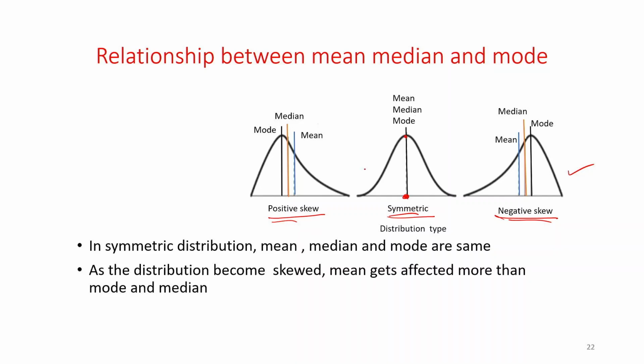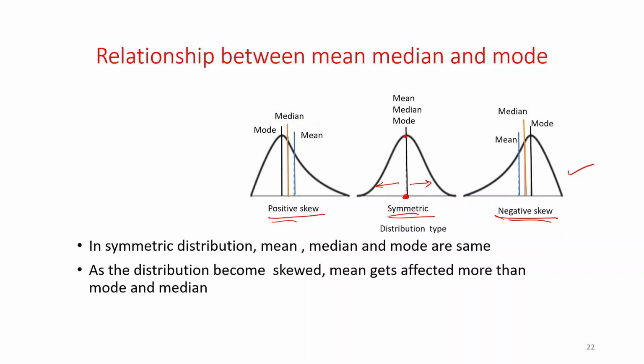Because it is symmetric, the median also will lie here, because this area and that area are exactly the same. Area indicates in this case the proportion of values lying on the right or left side of this vertical line that indicates the middle. So in this case, mean, median, mode all will be the same.